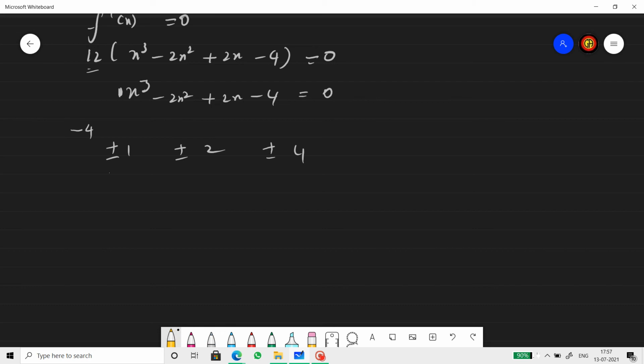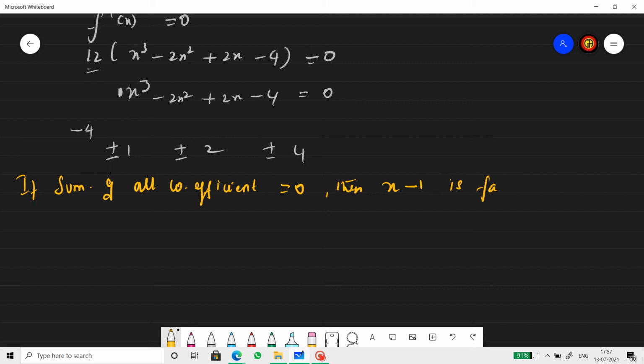Fine. Hope you remember the hint that I told you to check plus 1, minus 1 as a factor. If the sum of all coefficients is 0, then x minus 1 is a factor.